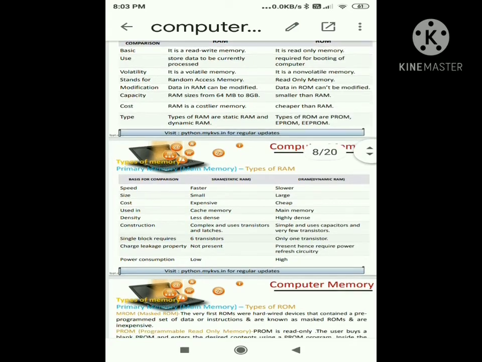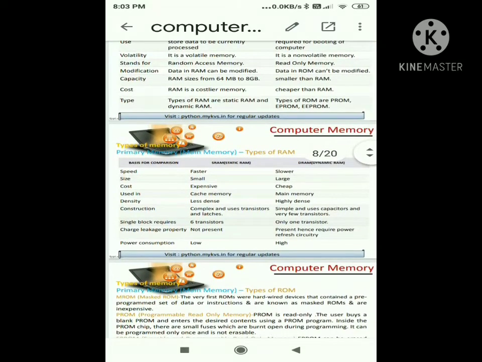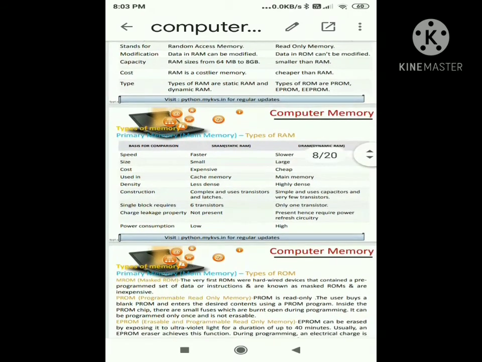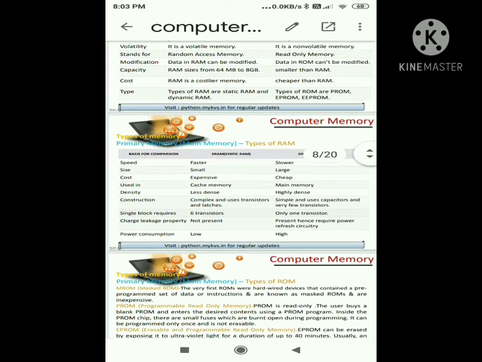The construction. Static RAM is complex and uses transistors and latches, whereas dynamic RAM is simple and uses capacitors and very few transistors. The next basis is the number of transistors per block.